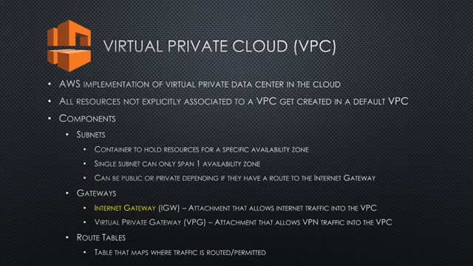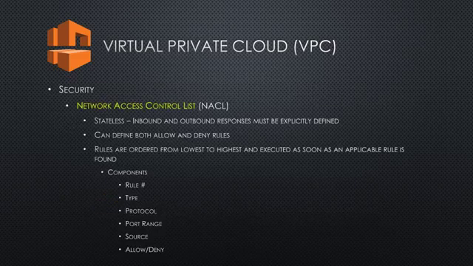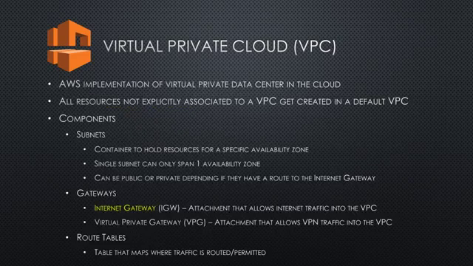Route tables. Route tables are tables that map where traffic is routed to and permitted. Route tables are what you would hook up to an internet gateway. So the internet gateway has traffic flowing in from the internet. It would then be routed to a route table, and that route table would then specify where that traffic is permitted.